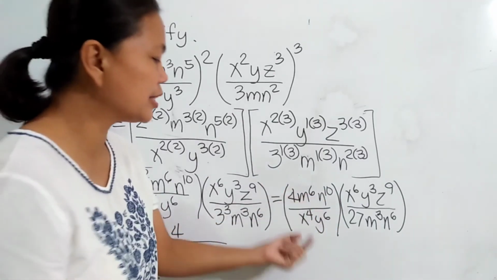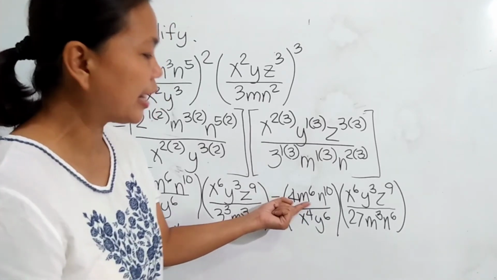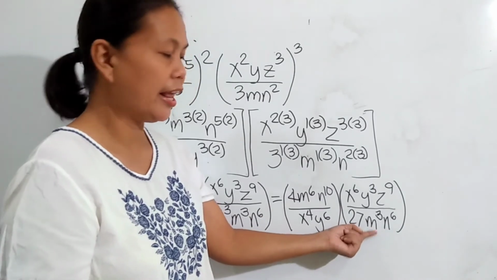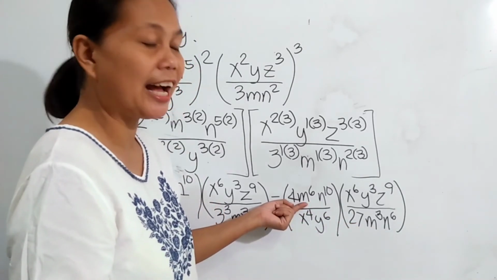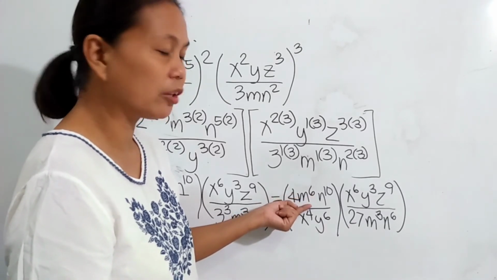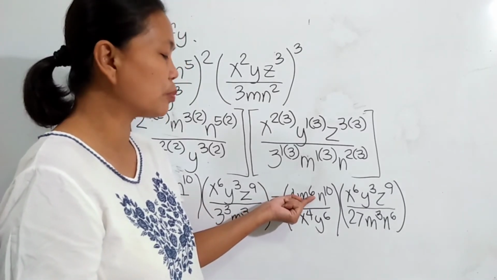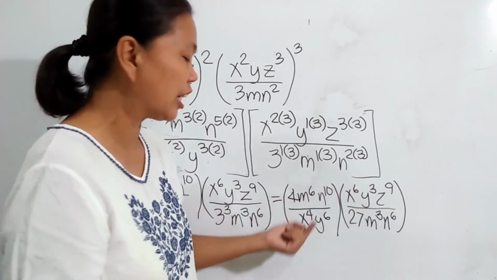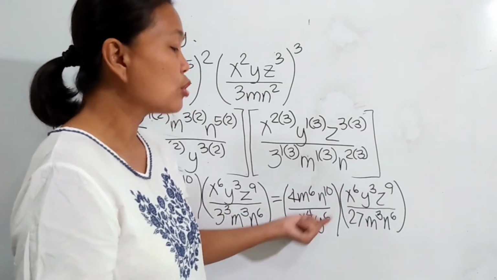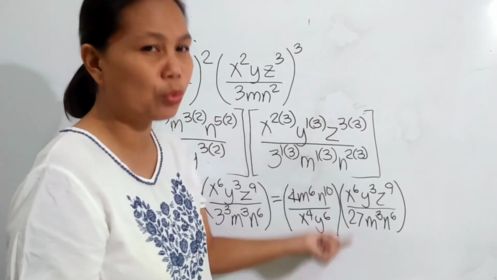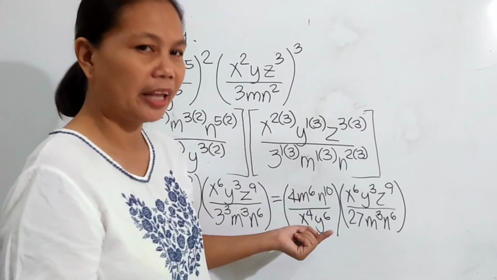Or in other words, pag magsusubtract tayo ng exponent na may parehas na variable, saan natin siya ilalagay or isusulat? Isusulat natin siya sa numerator kung mas malaki yung exponent ng variable sa numerator, isusulat naman natin siya sa denominator kung mas malaki yung exponent ng variable na nakasulat sa denominator.